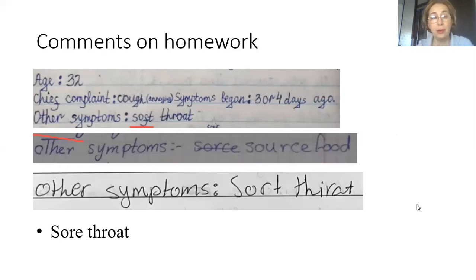And now, there are some comments on the homework. You were given the task to watch the video and then to complete some information in the form about the video, some data about the patient and the nurse, and everything was okay.